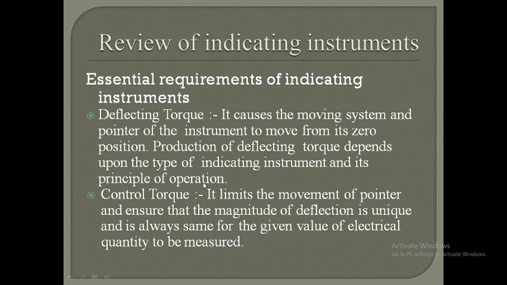When the pointer is going back to its zero position, TC is greater than TD, that means controlling torque is greater than TD. But when the pointer deflects from zero to full scale deflection, TD is greater than TC. In this way deflecting torque and controlling torque occur on the indicating instrument.